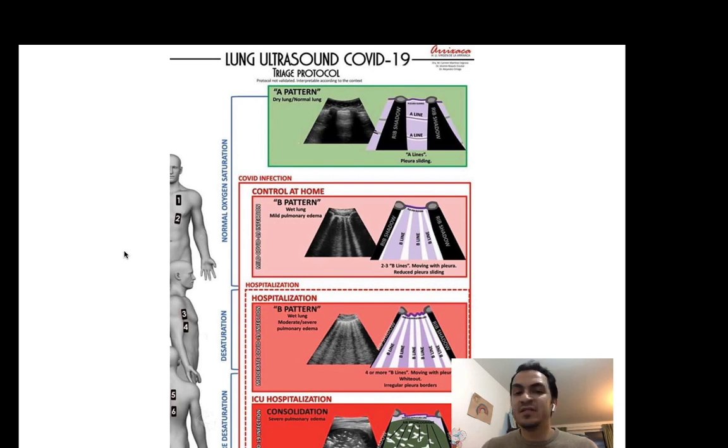Of course, this protocol is not based on evidence, and we need to do further studies on that to validate it. But I think it's a beginning for stronger utilization of lung ultrasound in acute emergency situations, especially in managing patients with ARDS.